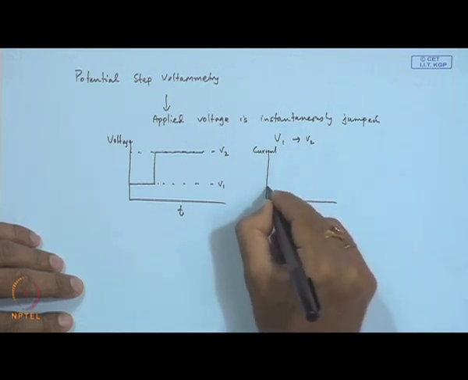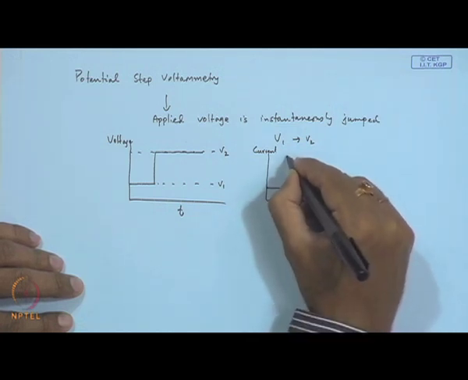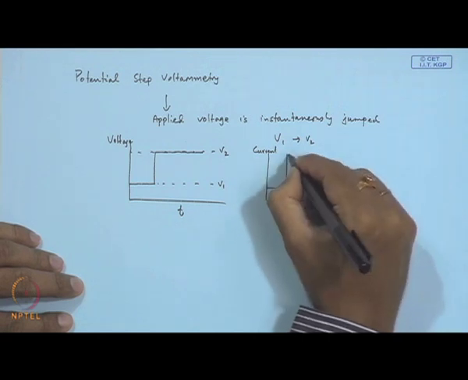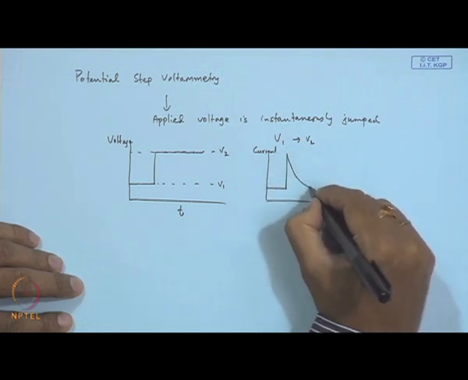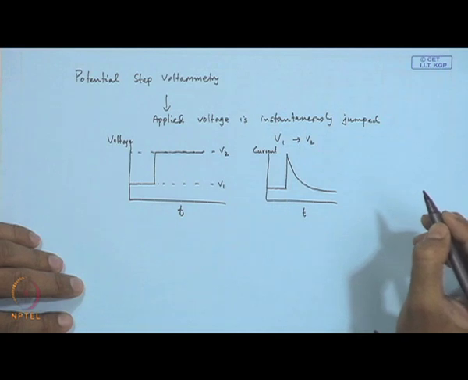Initially, the moment it is jumped, the current is high, and then it slowly decays to some value.